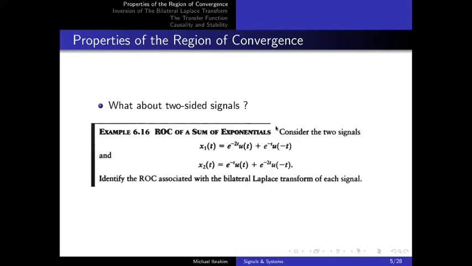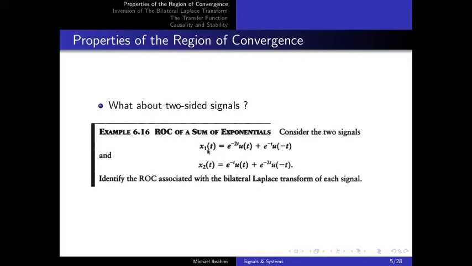What about two-sided signals? What if we have a signal that extends from minus infinity to positive infinity, which we call a two-sided signal? So let's take a look at this example. We need to find the ROC associated with these signals and the bilateral Laplace transform of these signals, x1 of t and x2 of t.